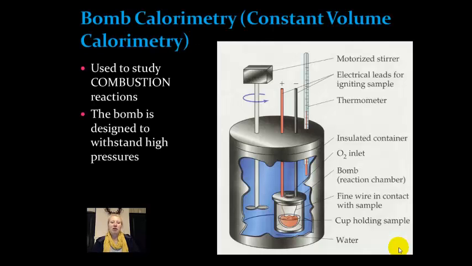Now, another type of calorimetry is called bomb calorimetry, and in this type of calorimetry, the volume is what is staying constant. And bomb calorimetry is really just used to study combustion reactions because the bomb can withstand really high pressure. So you can measure the enthalpy change inside of this bomb calorimeter because even though you're basically doing an explosion, nothing will happen to the bomb.